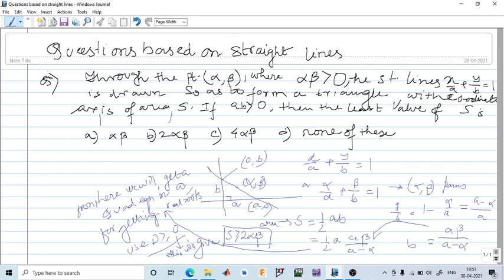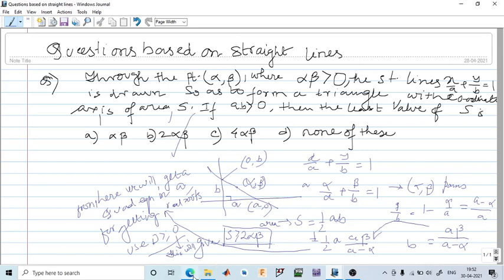For getting a real root, the discriminant D of that quadratic equation should be greater than or equal to 0. If we solve that, we will get the simplest value of S, that is S greater than or equal to 2 alpha beta. That means you are going to get this answer.